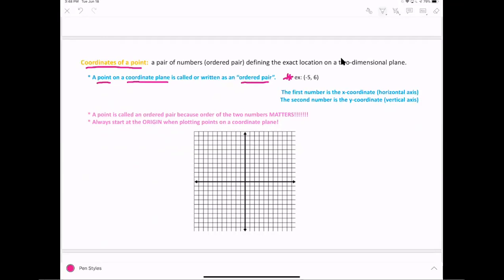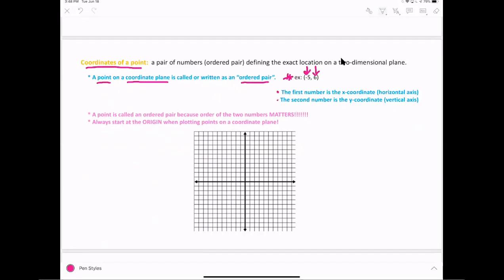In this example, the first number, which is the -5, is called the x-coordinate, and then the second number, which is 6, is called the y-coordinate. Just like in the alphabet, x comes before y, so in the ordered pair, our x-coordinate, which would be -5, comes before the y-coordinate, which is 6.